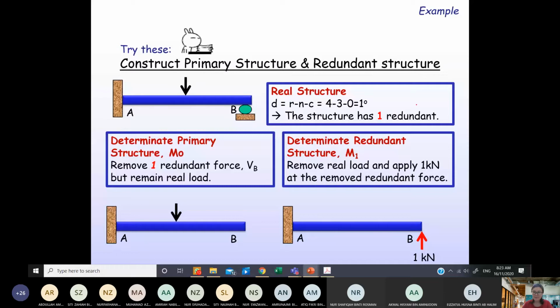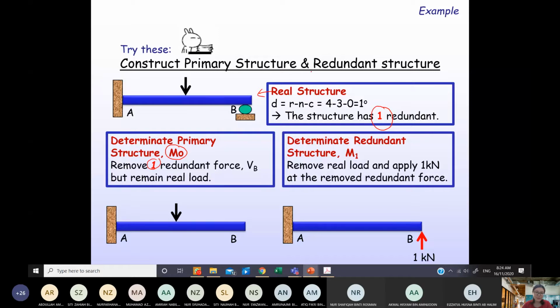Once you have identified how many redundants to be removed from your real case, you then need to construct the primary and redundant structure. For your primary structure M0, you need to remove 1 because your D is equal to 1. So you remove 1 redundant force. You decide which one to remove, just make sure it is a stable structure.